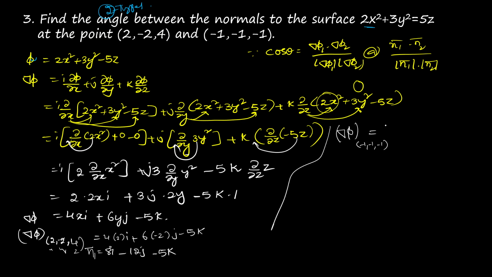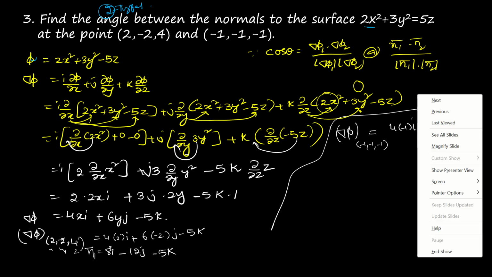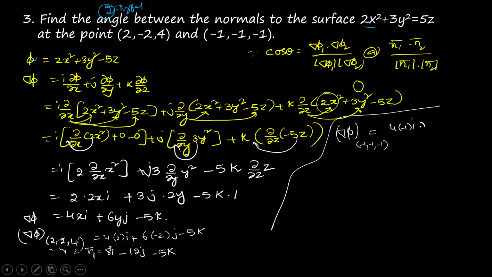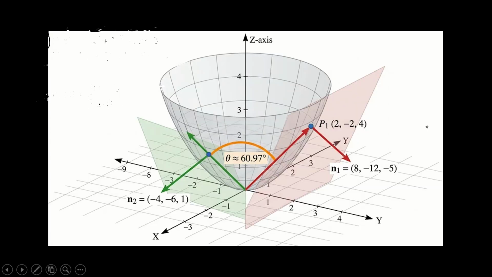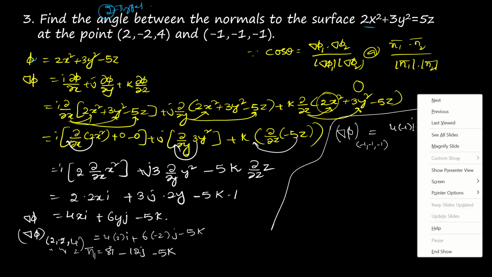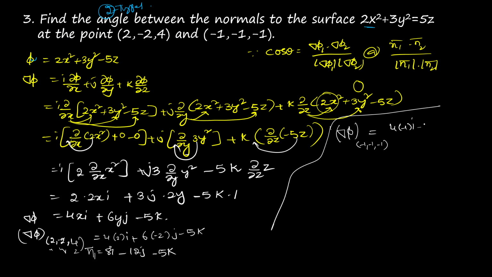So x value minus 1, y value minus 1, z value minus 1: 4 of minus 1 into i, next plus 6 of minus 1 into j, minus 5k.